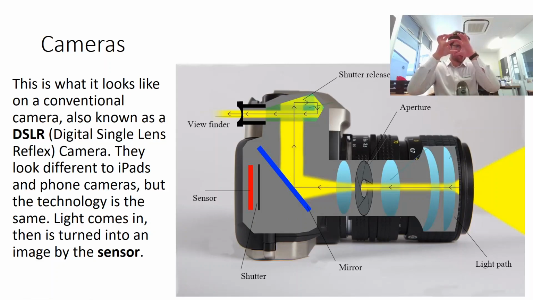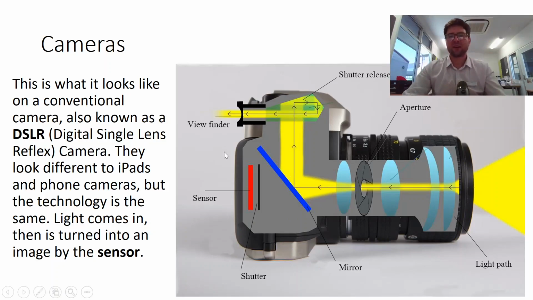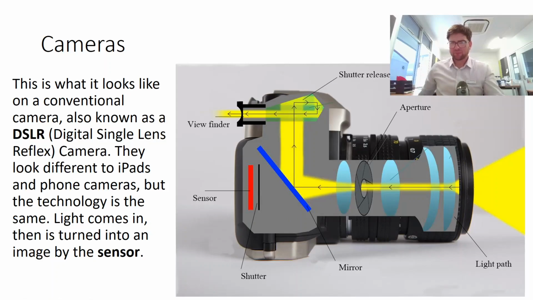When you're looking and you can see what's happening in the world there, that's because the light comes in and bounces off a mirror and comes into your eyes. And this thing here, that's the sensor. So when you want to take a photo, you press the button, this one here, the shutter release.